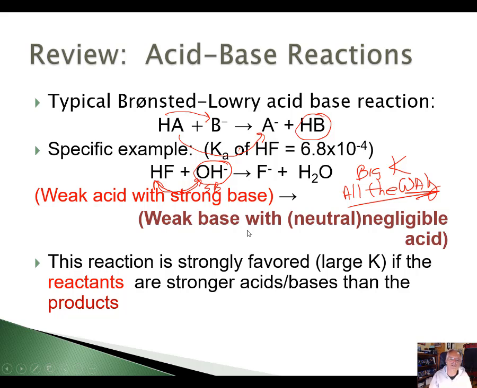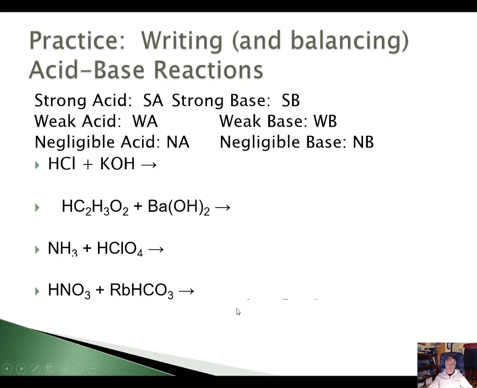Okay, and here is your weak base and your neutral or negligible acid. It's the conjugate acid of hydroxide. Strongly favored, big K, reaction if the reactants are stronger acid and base than the products.